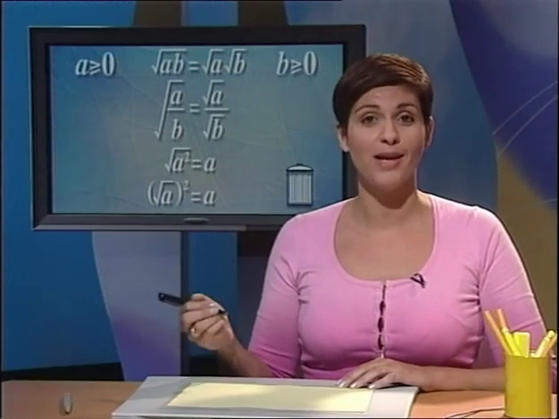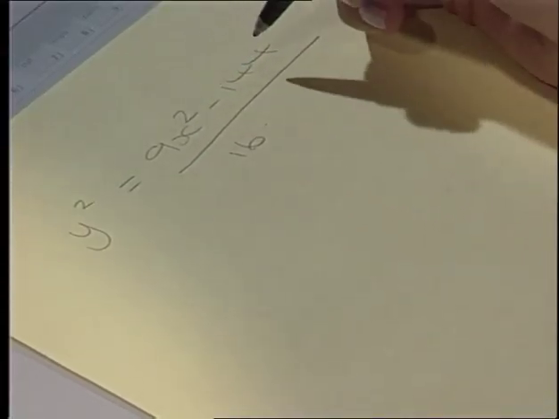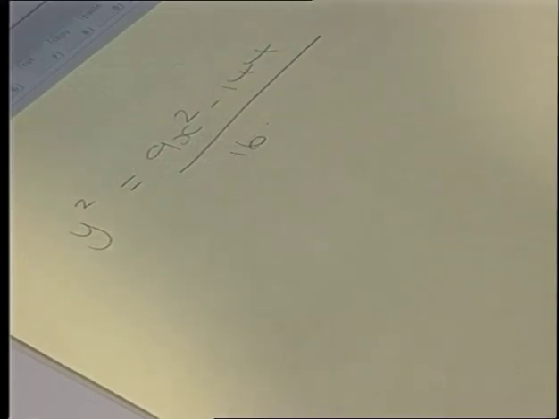Right, well, with all of that on board, I can now go back to my last example and manipulate it in the right way to make y the subject of the equation. Now, I said before that y squared is equal to 9x squared minus 144 all over 16.